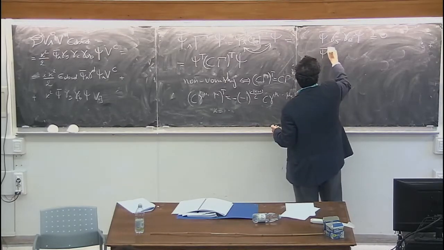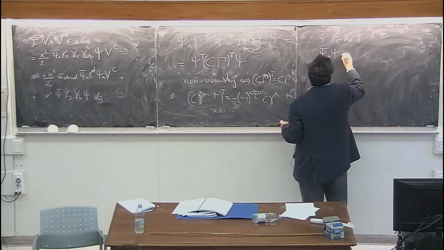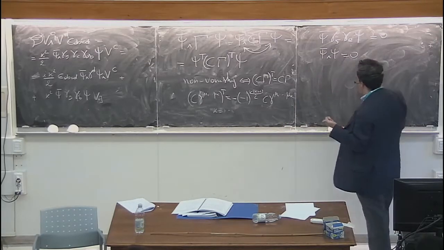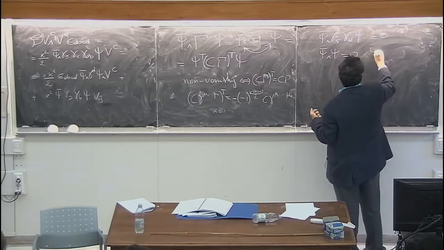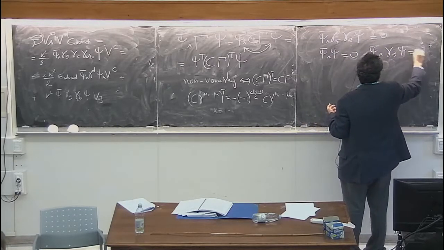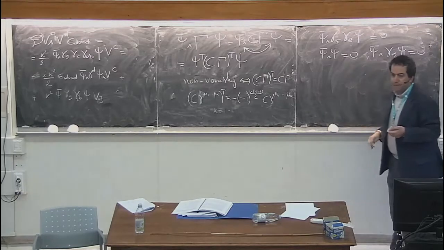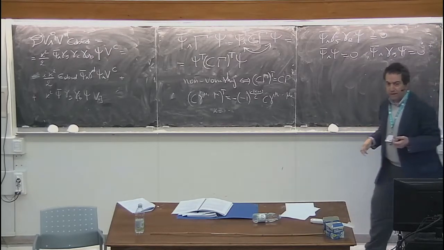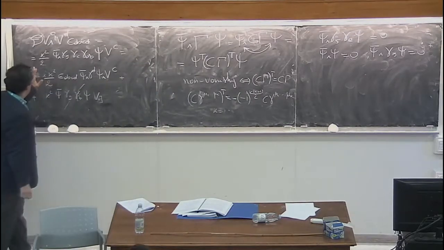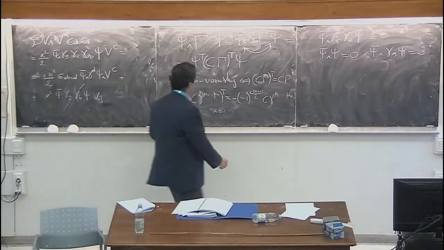Similarly, psi bar psi is equal to 0, because the C symbol is antisymmetric, and psi bar gamma_5 psi is equal to 0. And this we can use. This simplifies the equation, so this goes to 0, and what we end up with is the following.